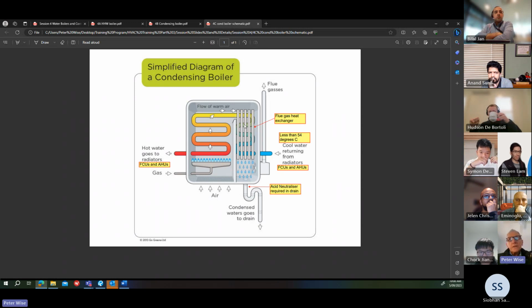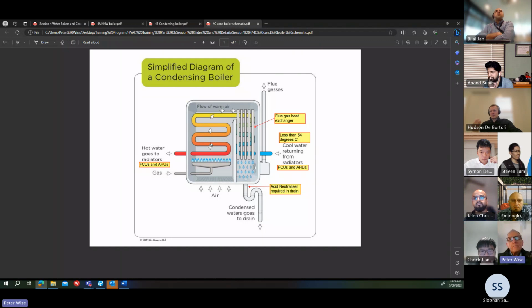But inside the boiler, there's a heat exchanger in the flue gas. So over here is the gas coming in through the burner, and this coil is where the water is passing through and getting heated. So this is what you'd call a water tube boiler. The water is in the tubes, the fire is outside the tubes.